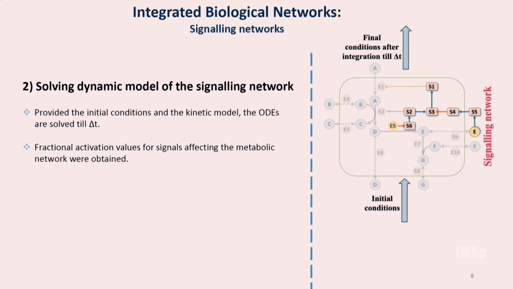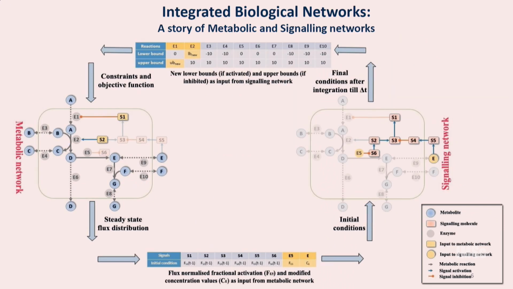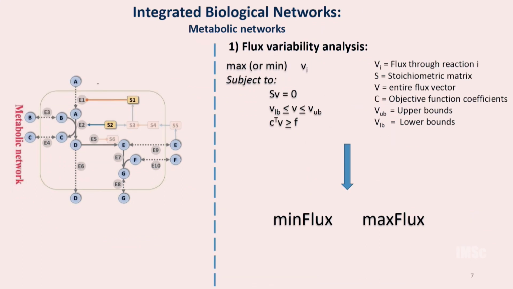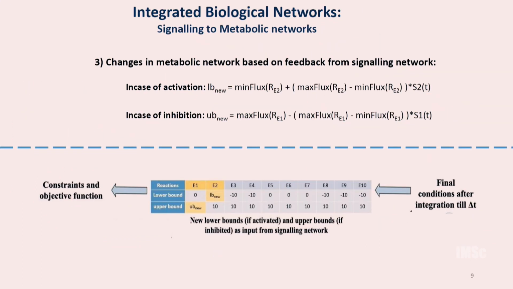So somehow we have to connect this output with the constraints and objective function, and with the initial conditions of the system. So we tried to come up with an approach which allows us to go from the signaling fractional activation to metabolic network changes.